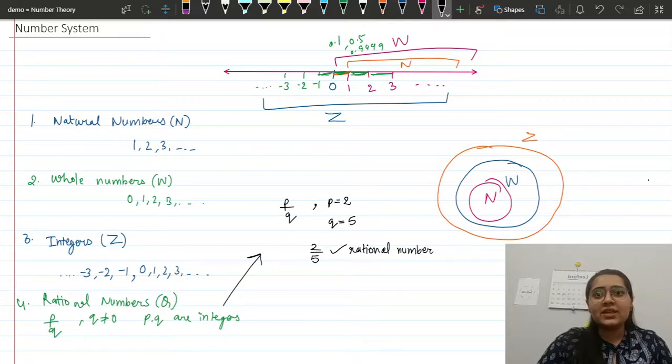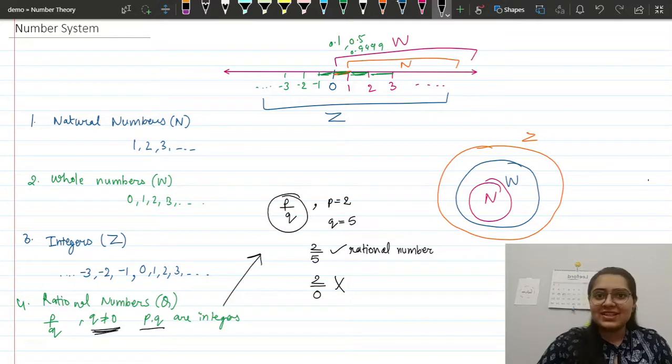Now one thing we have to note is that this Q should not be equal to 0, because a number divided by 0 is not valid. We cannot divide a number by 0. That is why we say that Q is not equal to 0. Now these P and Q are nothing but integers. So these numbers that can be written in the form of P upon Q are called rational numbers.